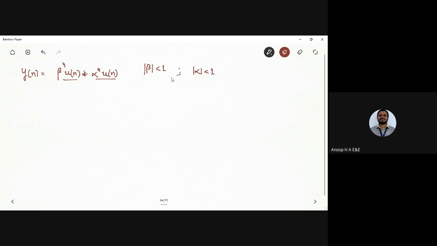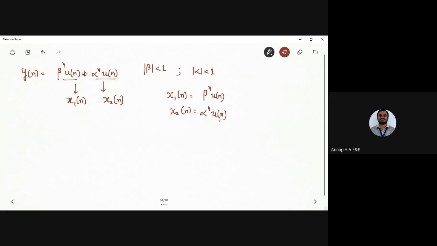Got it? So I have x1 and x2. I can take any one as x1 and any one as x2, depending on how you want to take it. Let me take them generally as x1 of n and x2 of n. I have x1 of n given by beta power n u of n, and x2 of n given as alpha power n u of n.